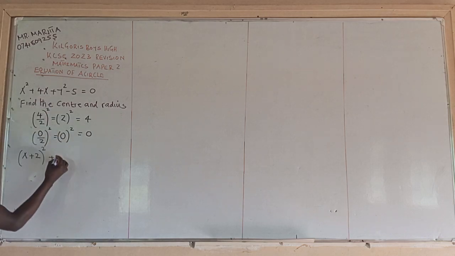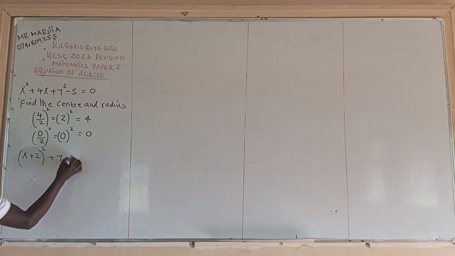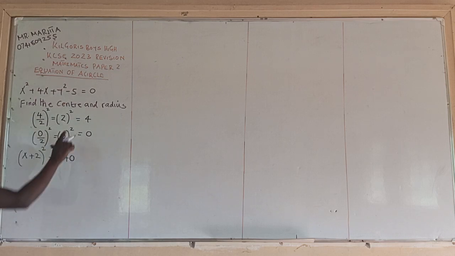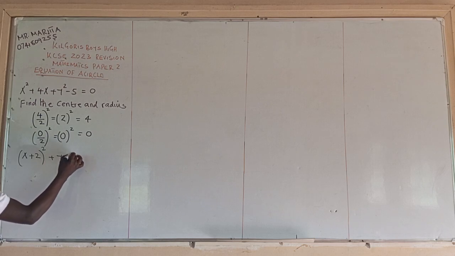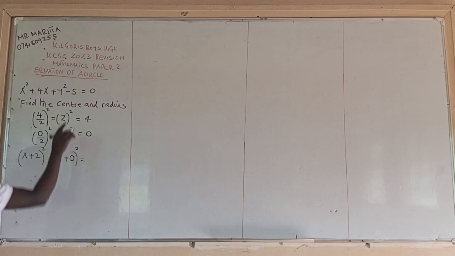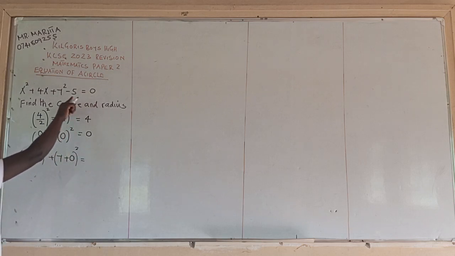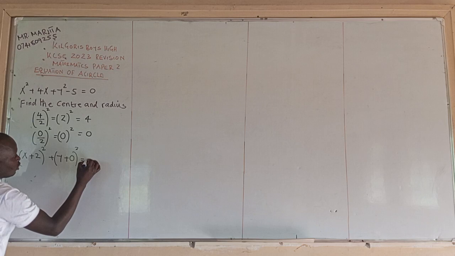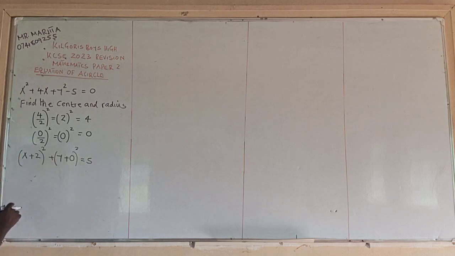So we will say it is now y plus 0, the whole squared. We have this y squared and this 0 squared, so we have a common square. Now we transfer the constant, which is minus 5, to the other side, and it becomes positive 5.